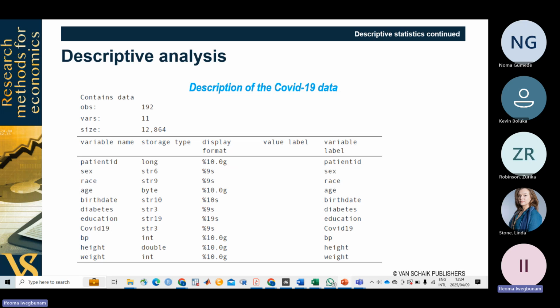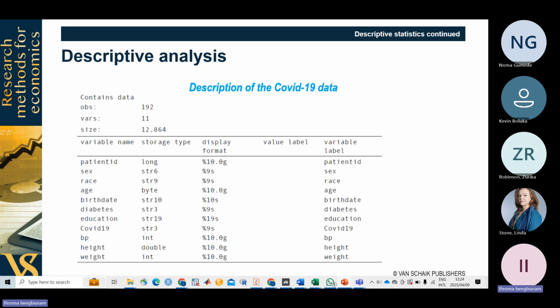Now, looking at the sample in front of us, is just a descriptive analysis of COVID-19 data. As you can see, it has the sex, the race, the age, birth dates, whether the patients are diabetic, education, COVID-19, BP, height, and weight.